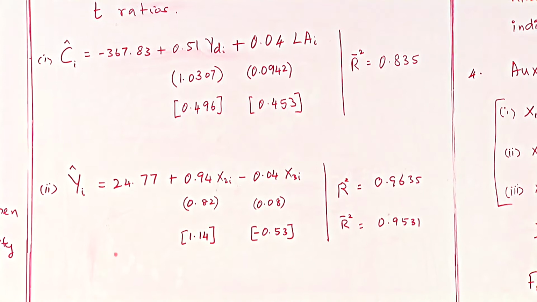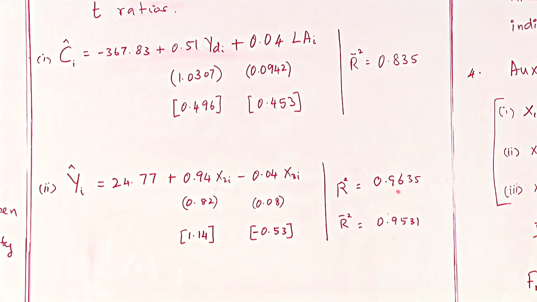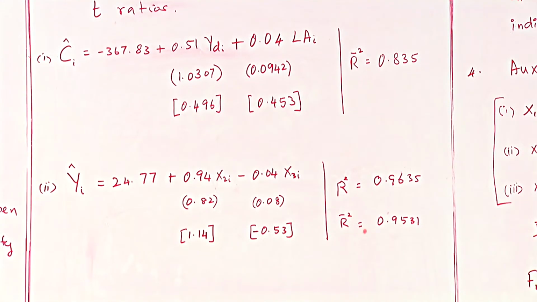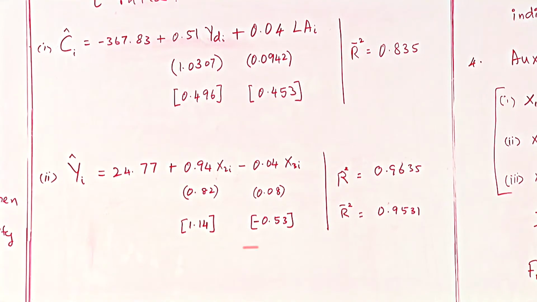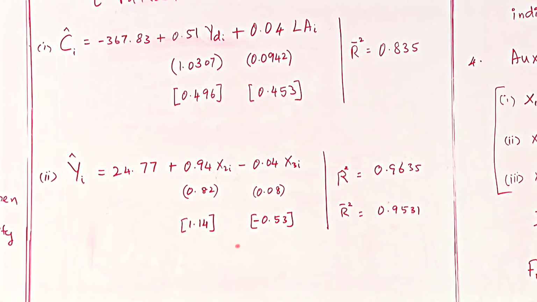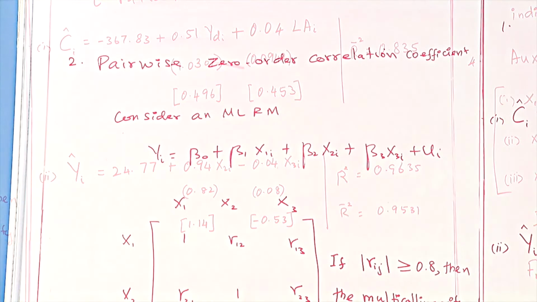The second example is another regression equation in which the R square is 0.965 and R bar square is 0.9531, but both the T values of the x2 and x3 variables are very low. They are both insignificant, and this is an indication that there exists a multicollinearity problem in this regression model.